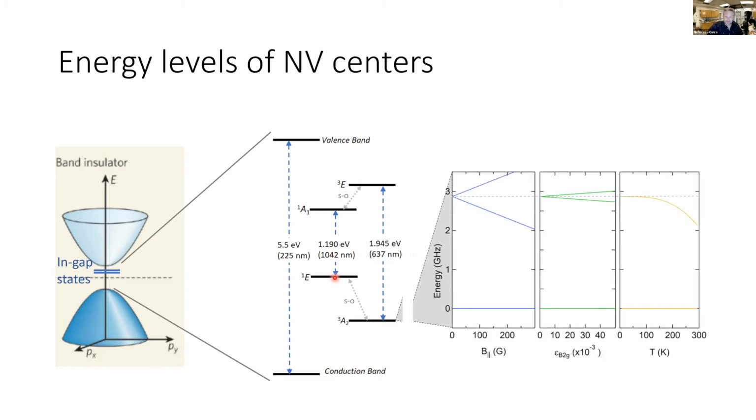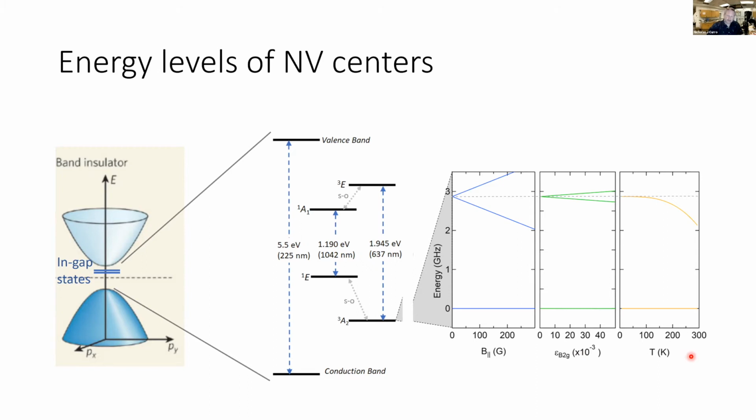If you zoom in on the energy levels of the ground state of the NV center, there's special structure. There are three energy levels for the NV center, and they can be split with a magnetic field, or with strain, if you were to squeeze the crystal somehow, or if you were to change the temperature. These energy levels are very sensitive to magnetic field, strain, and temperature.